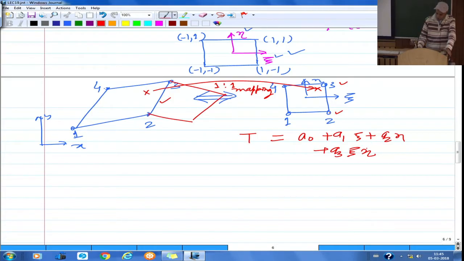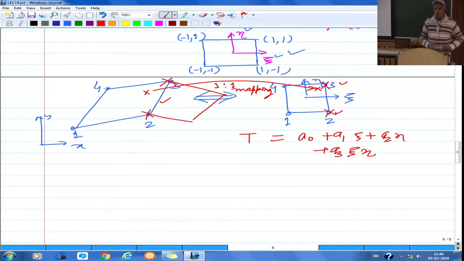So xi is constant means the temperature is only a linear function of eta, and at these 2 points the temperature from both the elements is made the same, and in the natural coordinate space, at this point and this point, in between the variation is linear. So obviously it would be unique from both the elements, whether it is the left side element or the right side element. And when we go into the detailed development of the element level governing equations, we will see this in more detail.